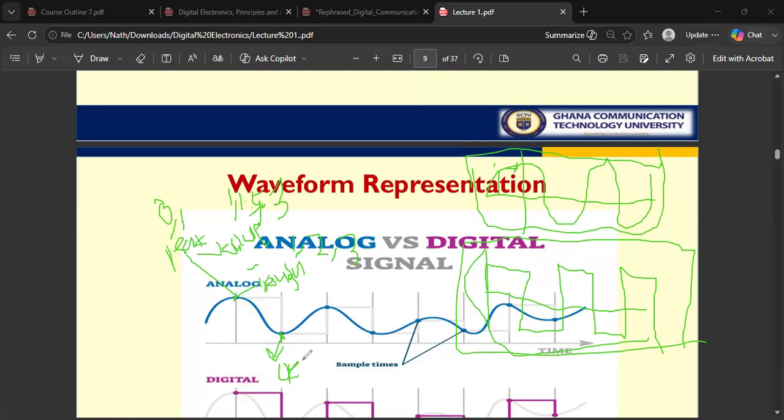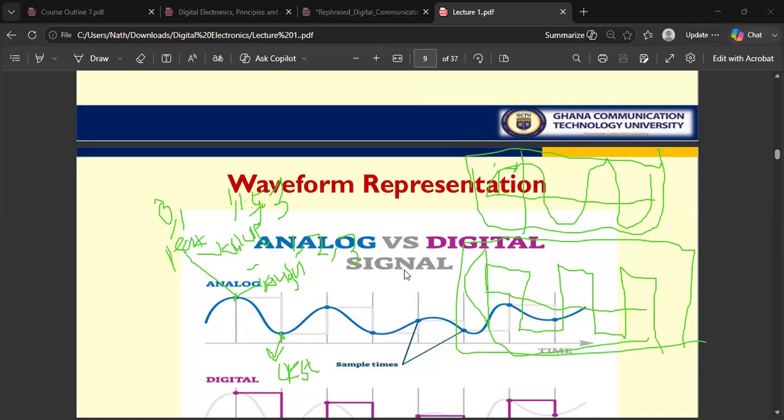So they are just the amplitude or the peak value. The time interval between this part and this part is what we call the sample time. So this is over time, and this is the amplitude.